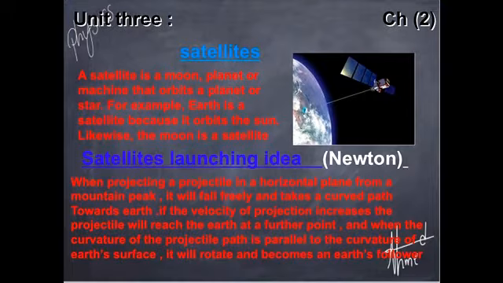If the velocity of projection increases, the projectile will reach the Earth at a further point. When the curvature of the projectile path is parallel to the curvature of the Earth's surface, it will rotate and become an Earth follower. Also keep in mind that we are applying Newton's third law here: for every action, there is a reaction in the launching phase.